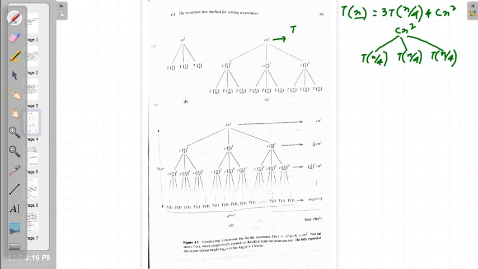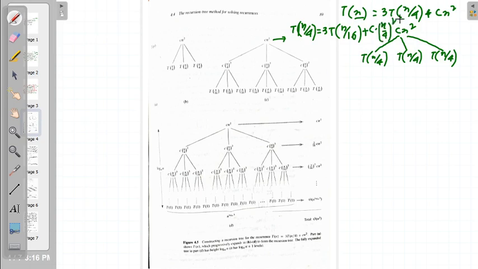So if we substitute here, then what we are getting? T(n/4) is coming as, so 3T(n/4), that means n/16 it is coming, plus C(n/4) whole square.